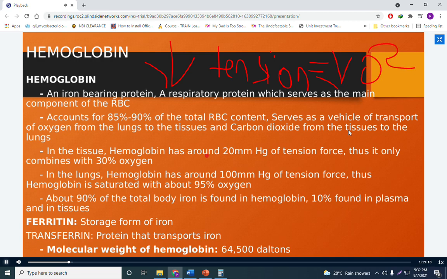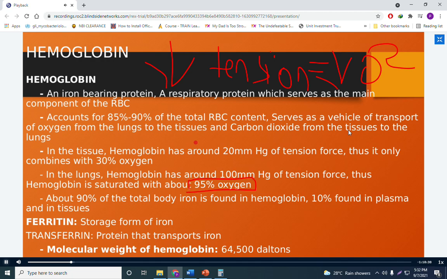So, kapag nasa tissues siya, 20 millimeter mercury lang na tension force ang kaya niya. Thus, 30% lang ng oxygen. Now, kapag nasa lungs siya, class, hemoglobin has around 100 millimeter mercury of tension force. Thus, very saturated. When you say saturated, punong-puno with about 95% of oxygen.